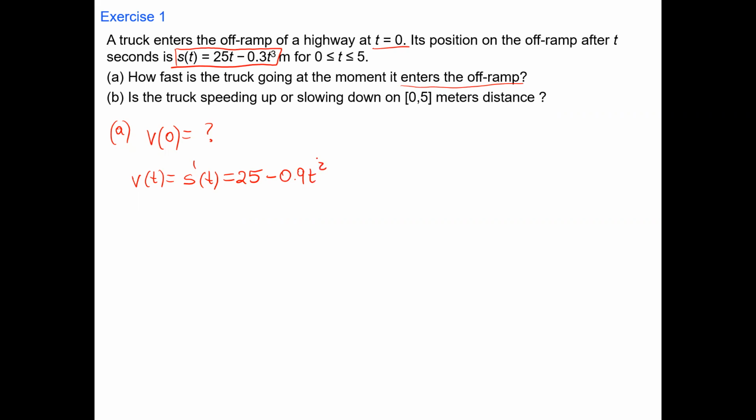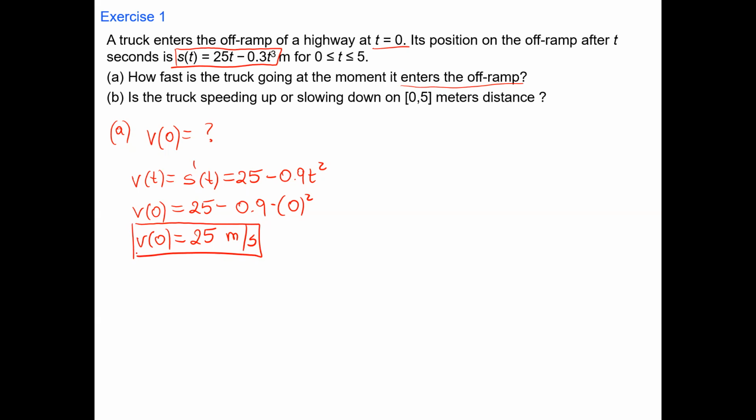This is our formula for the velocity. And the velocity at 0, we can even say the initial velocity, we will substitute 0 for t. V at 0, at the moment that it enters the off-ramp, is 25 meters per second, the rate of change.